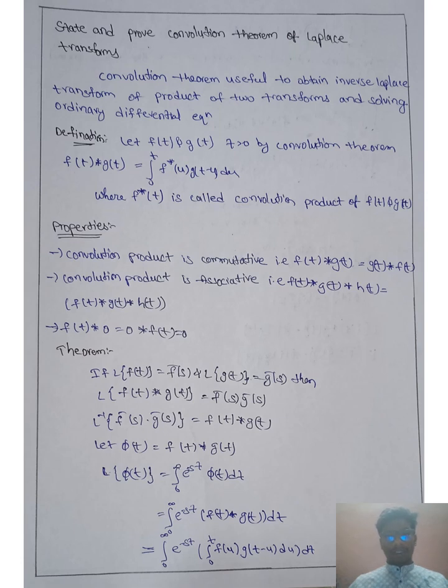Applying f of t star g of t in place of phi of t, the integral from 0 to infinity of e to the minus st, in closed brackets, with limits 0 to t, f of u g of t minus u du dt.